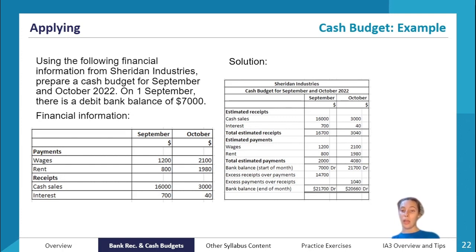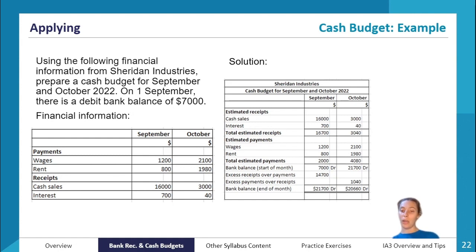And then in this case, we subtracted, so you're always subtracting the smaller figure from the larger figure. You're not going to get a negative number here. So in this case, we subtracted our estimated receipts from our estimated payments to get our 1,040 figure.